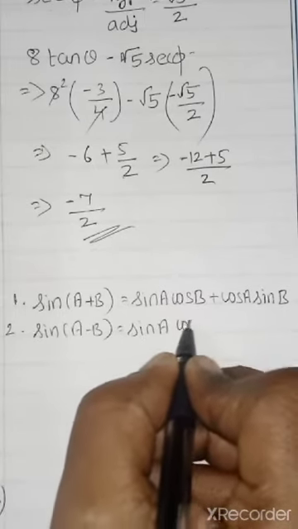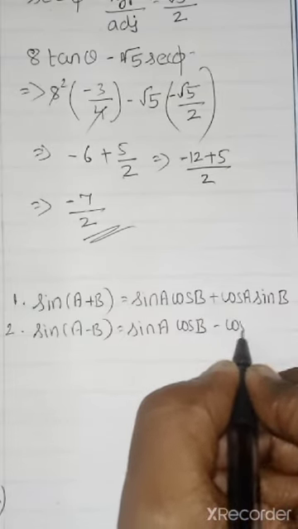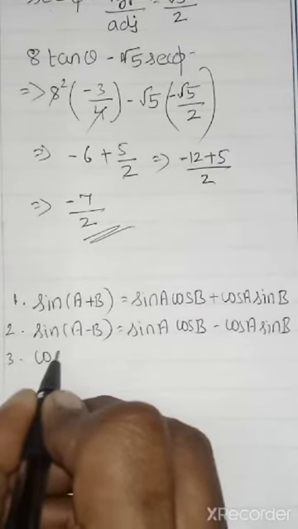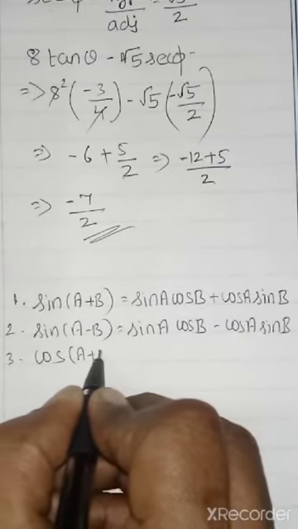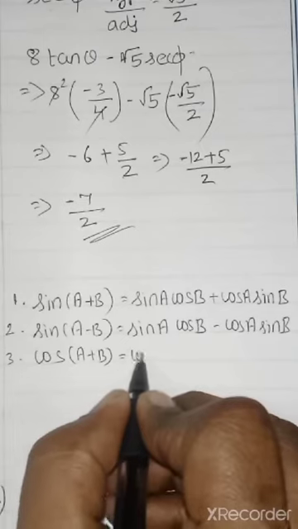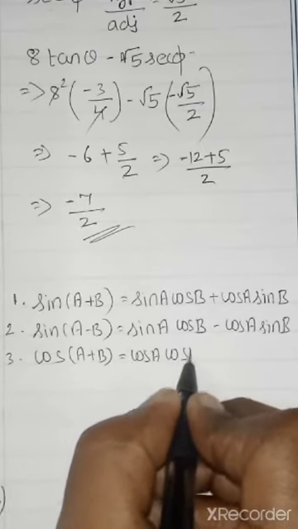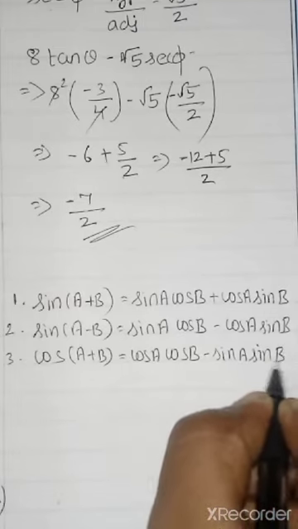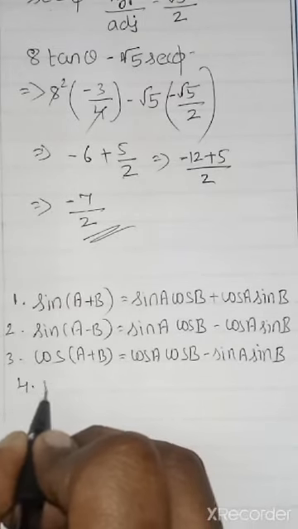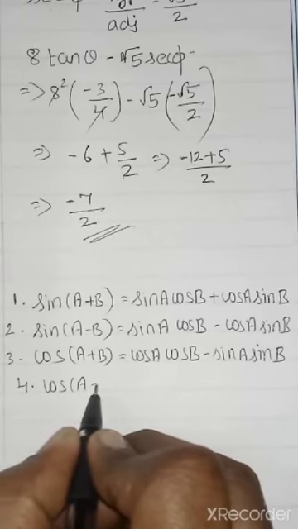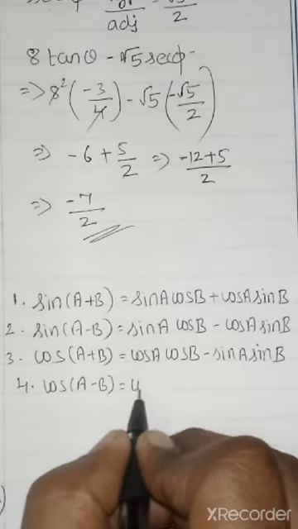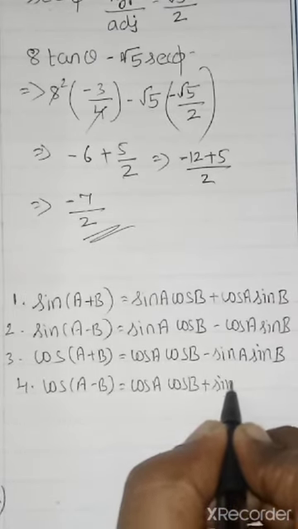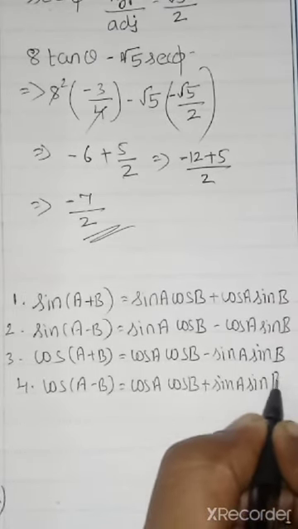So sin A cos B minus cos A sin B. Next, third one, cos A plus B. Cos means the same value will come. Cos A cos B minus sin A sin B. Fourth formula, cos A minus B equals cos A cos B plus sin A sin B.